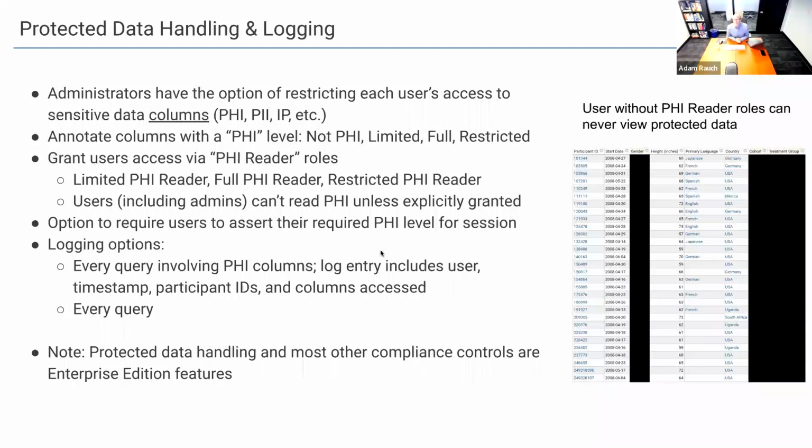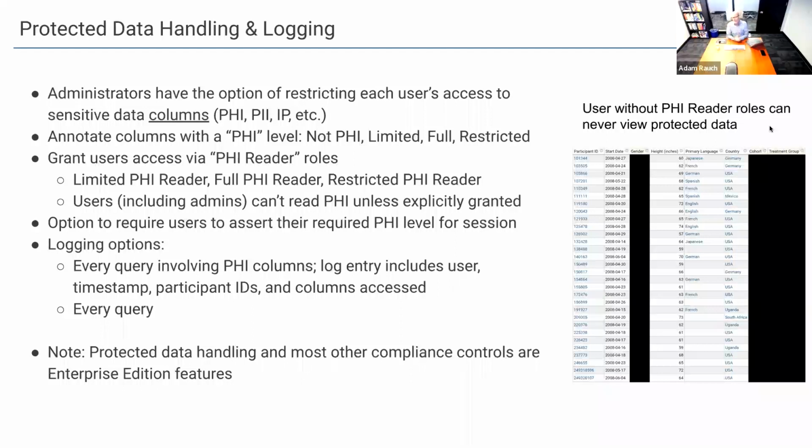You might be able to see that there are hash marks in the header on these columns, and the hover over will indicate you're not seeing this because you don't have the appropriate level of PHI reading. Importantly, these columns are not available no matter how the user attempts to access the data.